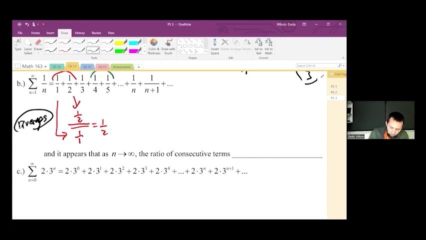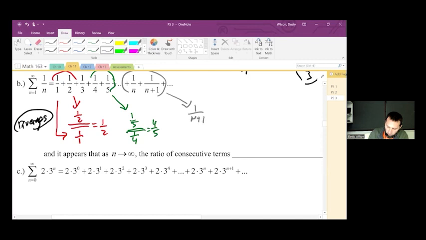If I look at some later terms, this would be 1 over 5 divided by 1 over 4, which is 4 over 5. Or more generally, if I look towards the end, at the nth and the n plus 1th term, this would be 1 over n plus 1 divided by 1 over n, which simplifies to n over n plus 1.